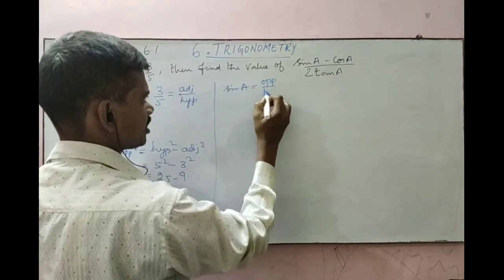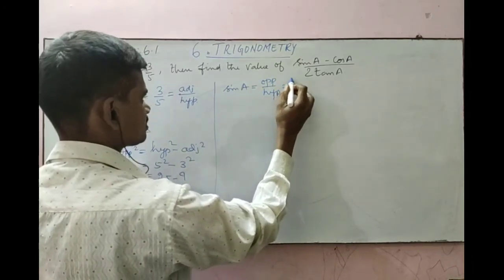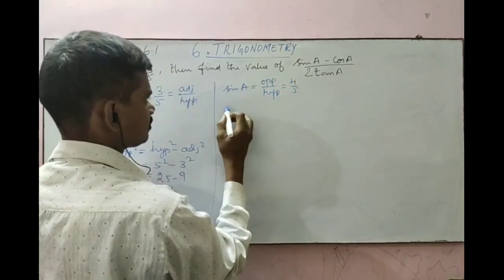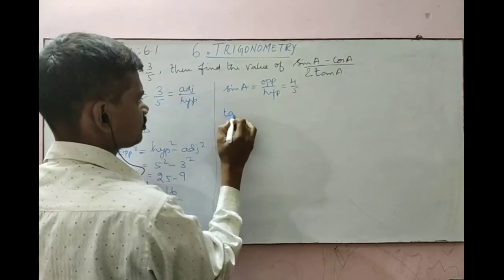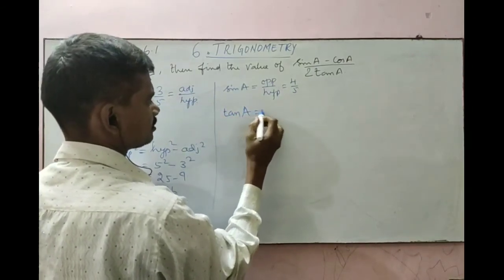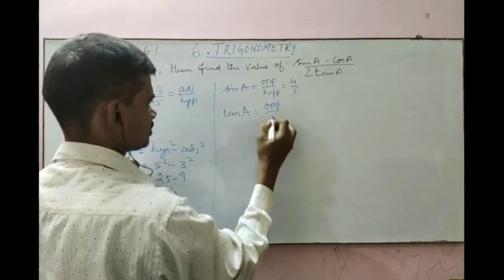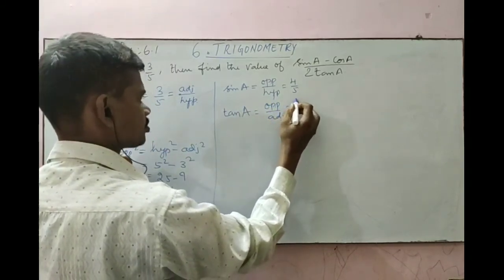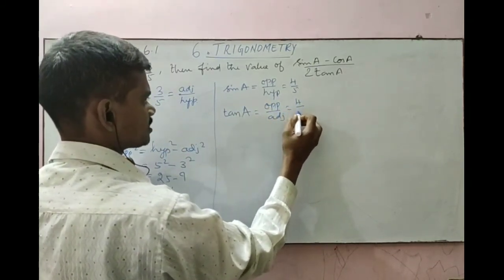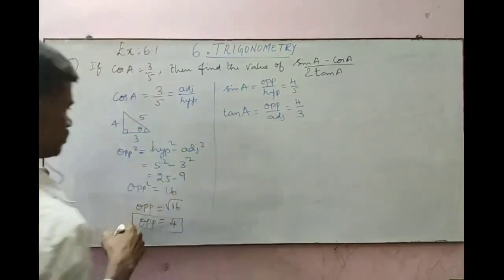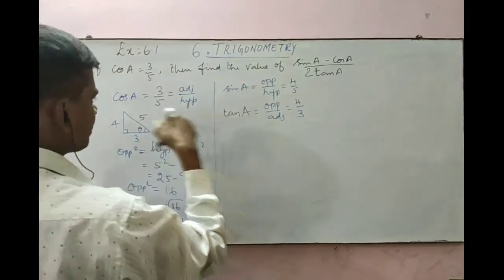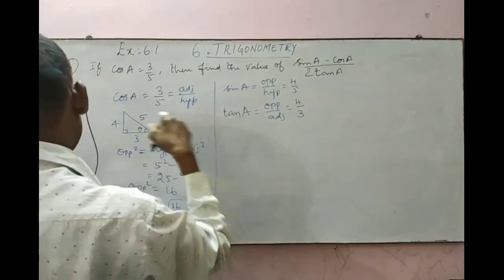Opposite side by hypotenuse side, that is 4 by 5. Cos A is given here. Then you have to write the tan A. Tan A is opposite side by adjacent side. What is opposite side here? 4 by adjacent side is 3. So you get the three values, sin A, tan A and cos A.